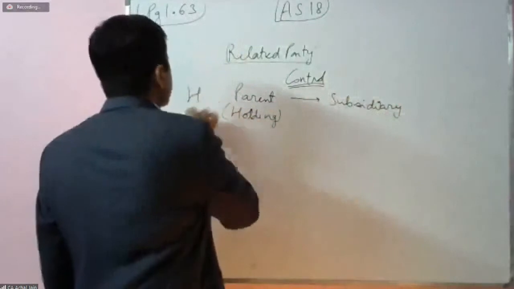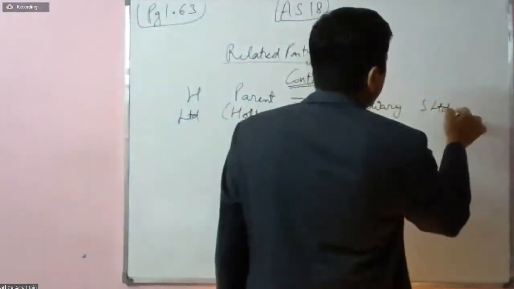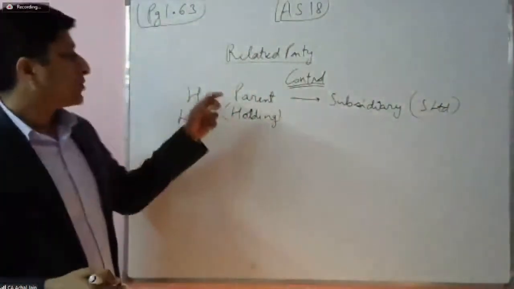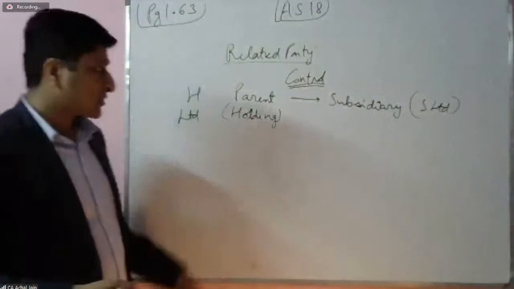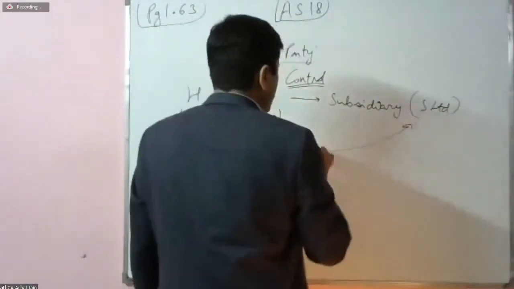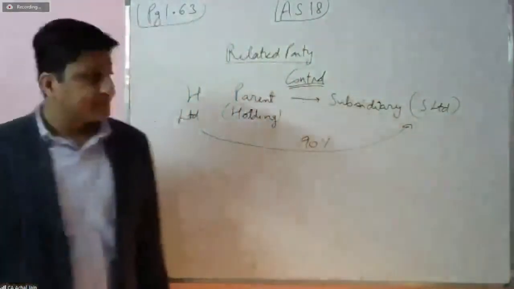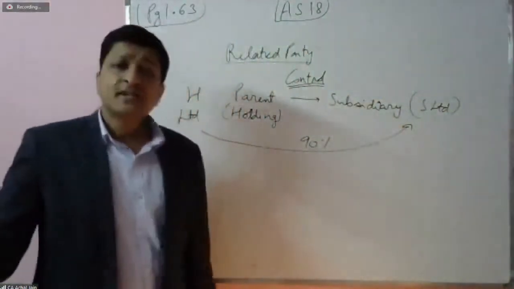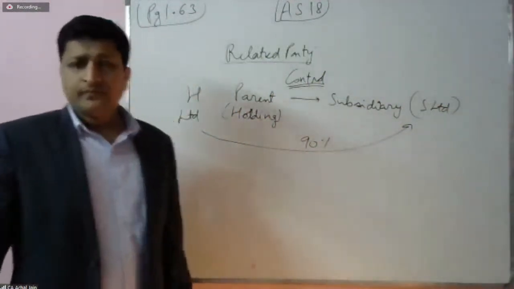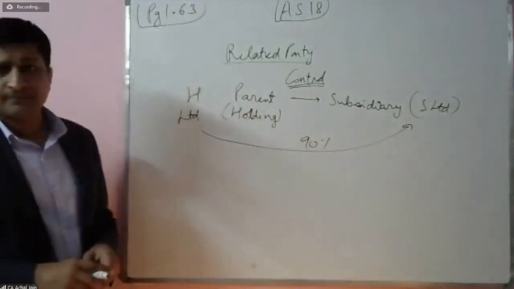So this is H Limited and this is S Limited. And how is this control established? Let's suppose H Limited holds 90% shares of S Limited. Okay, this makes them holding and subsidiary.